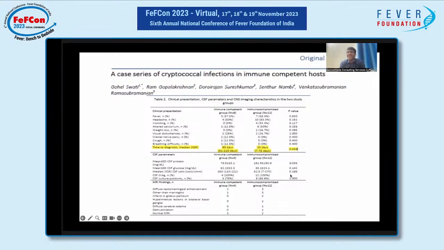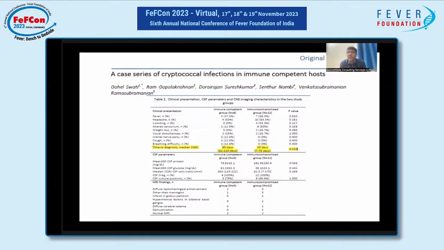Now, cryptococcal meningitis is usually seen in the immunocompromised, isn't it? HIV especially. The patient was immunocompetent. So this is our own series. Out of 20 patients, 12 were immunocompromised, but 8 were immunocompetent. In the immunocompromised, the time to diagnosis was 20 days. In the immunocompetent, time to diagnosis was 90 days, because people will not suspect cryptococcal meningitis in the immunocompetent.